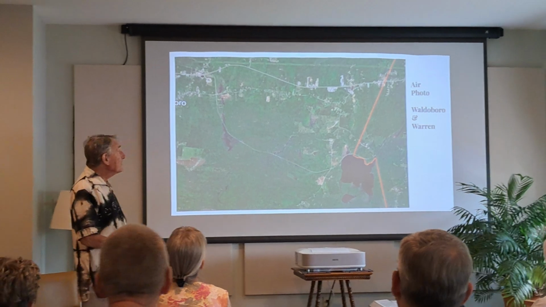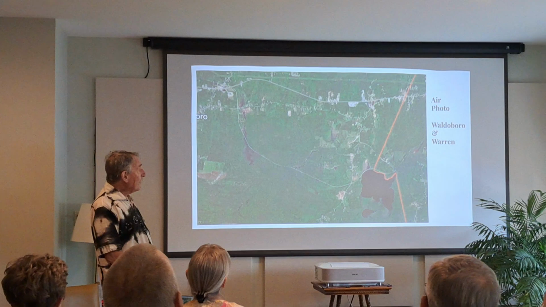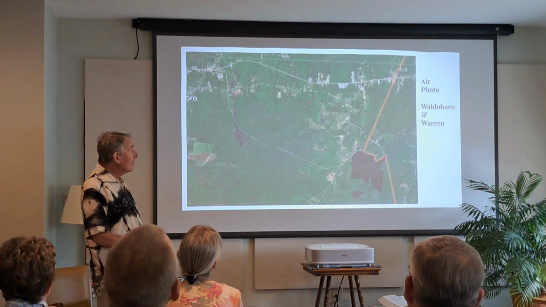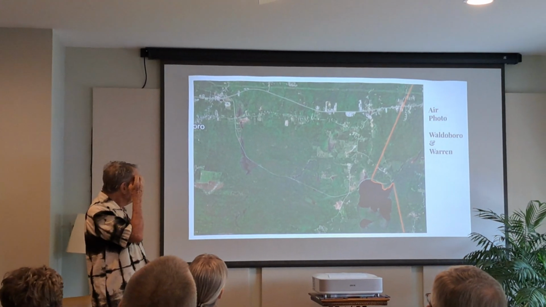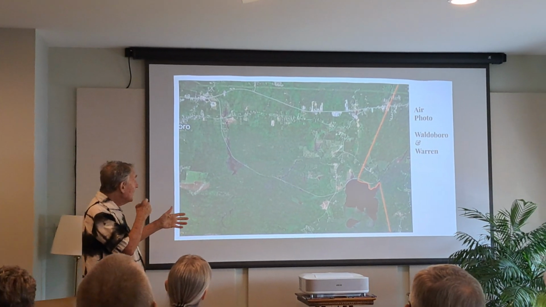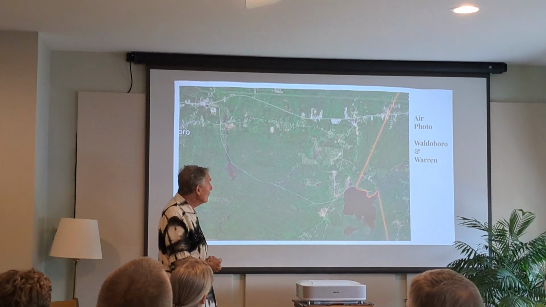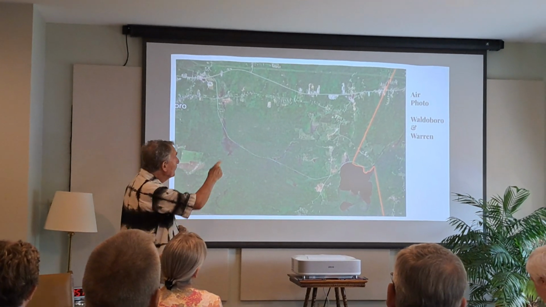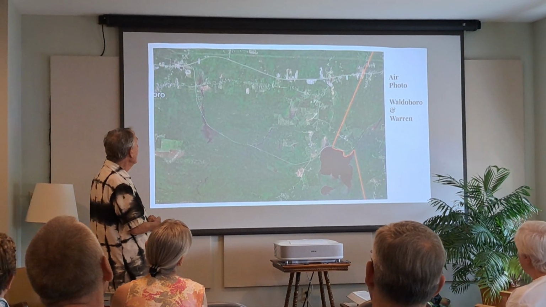And then here is an air photo taken a few years ago of Waldoboro and Warren. I want you to see that there are roads here. This white line here is actually a railroad line. The red line is the boundary between Waldoboro and Warren.